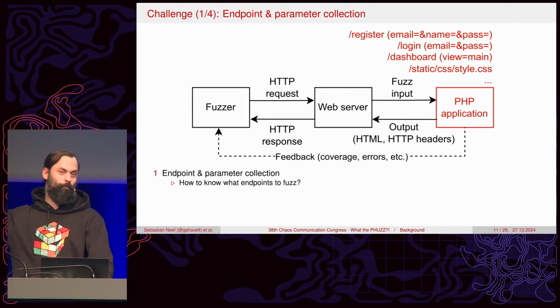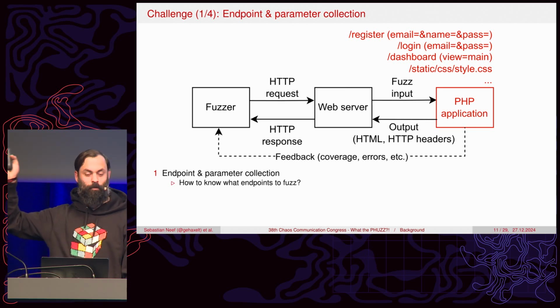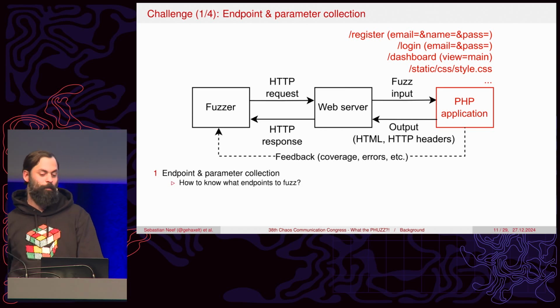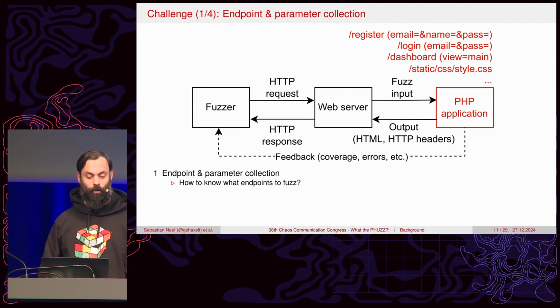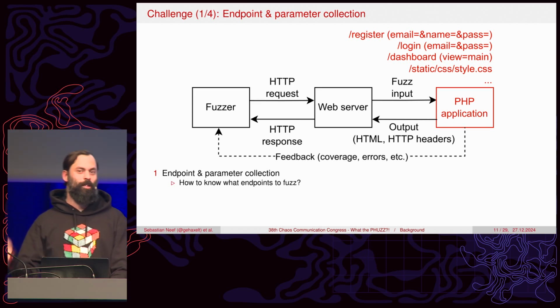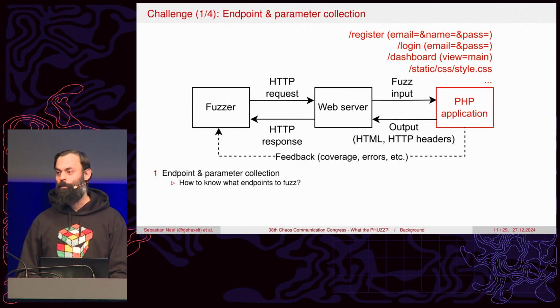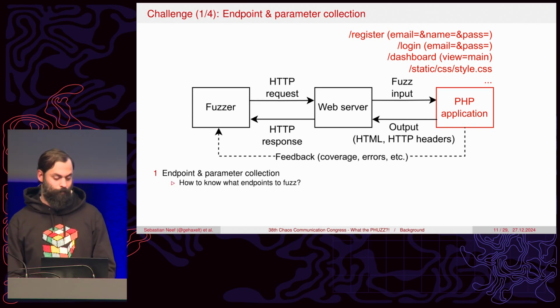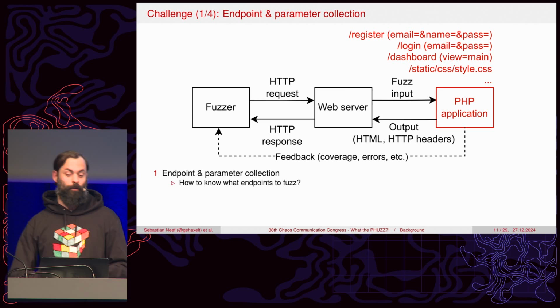For example, if you just think of a normal web application, you might have a register endpoint which takes email, name, and password parameters. You might have a login endpoint which takes a different set of parameters and some other websites, and even static resources that you don't want to fuzz because there shouldn't be any processing happening on the server. So how do we know what to fuzz?